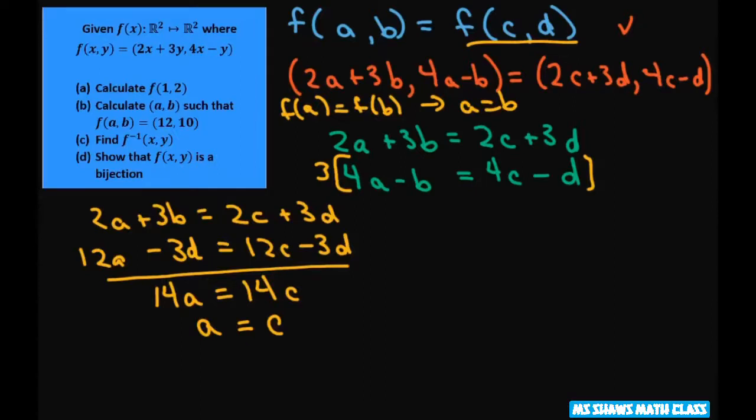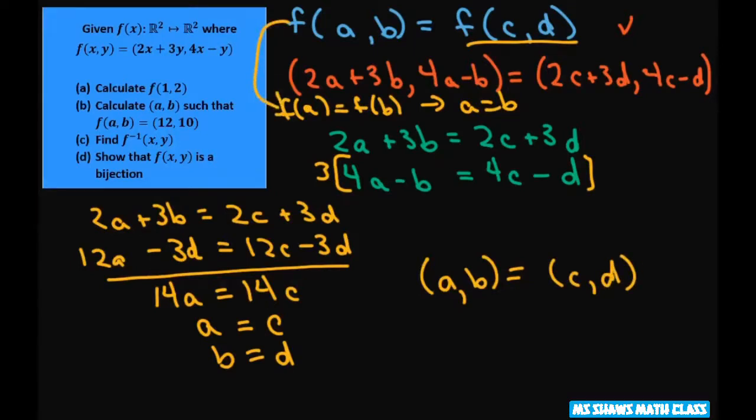Now substituting back in, you also get b equals d. Hence, we have a, comma b equals c, comma d. So that's going from here to there. So therefore, it's an injection.